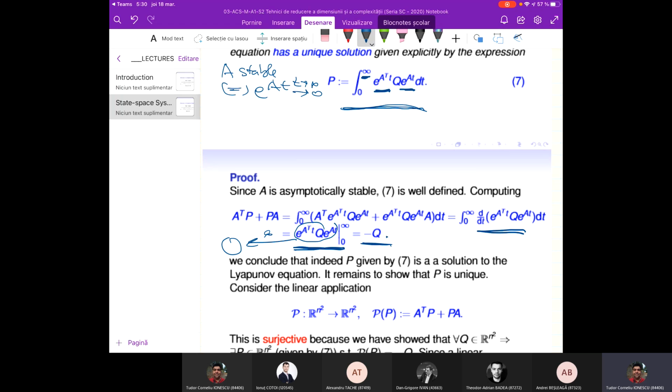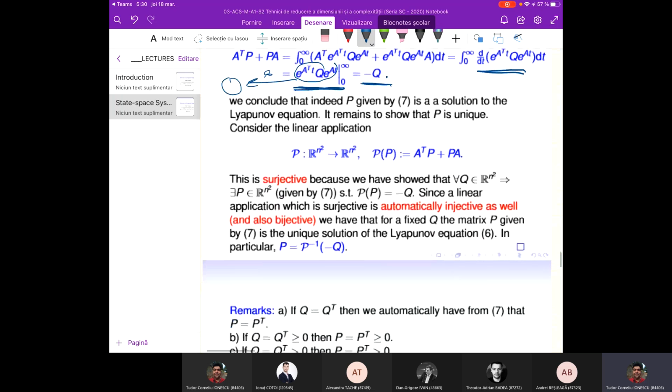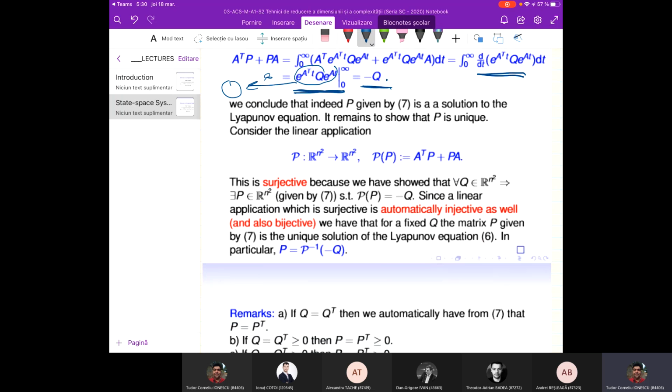Now, of course, we also need to prove that this is unique. I'm not going to get into details. You can build up a linear application, and so on and so forth, surjective, bijective, whatever. Essentially, you prove that this linear matrix function, a function of a matrix, is bijective, just like in the classic scalar case, ax plus b, the linear function is bijective.